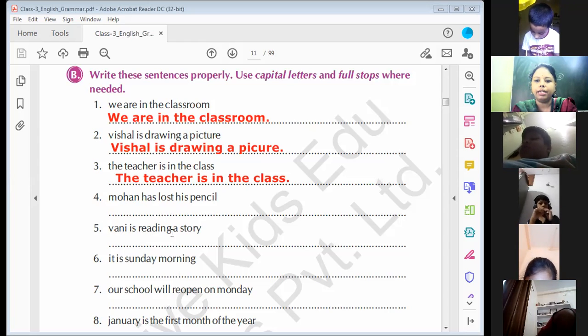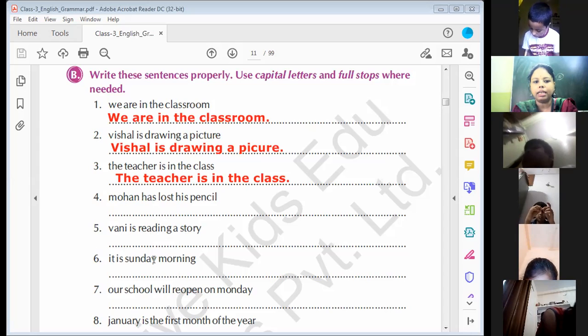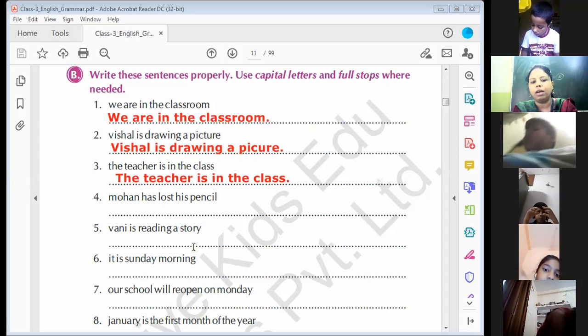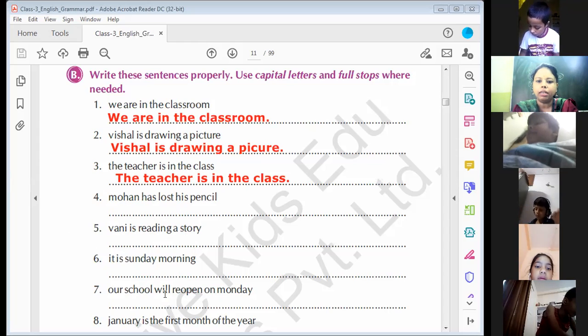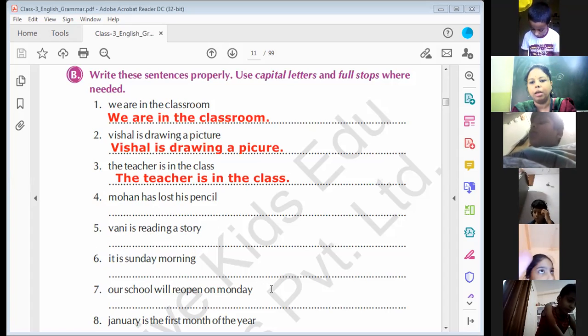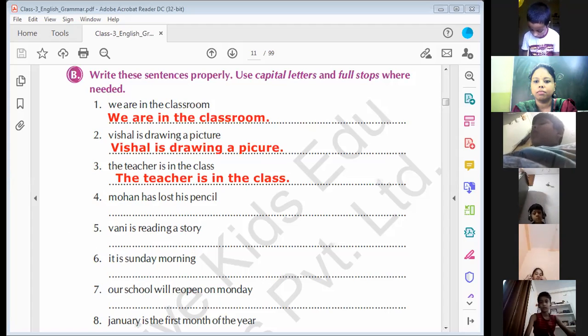Vani is reading a storybook. Vani, the first letter V should be in capital and there should be a full stop. It is Sunday morning. I should be in capital, first letter, and you have to put a full stop in the last. Our school will reopen on Monday. First letter should be capital and then you have to put a full stop in the last. You understood?